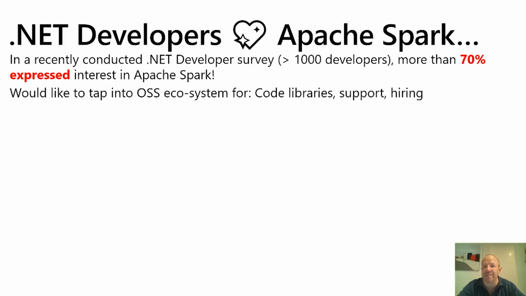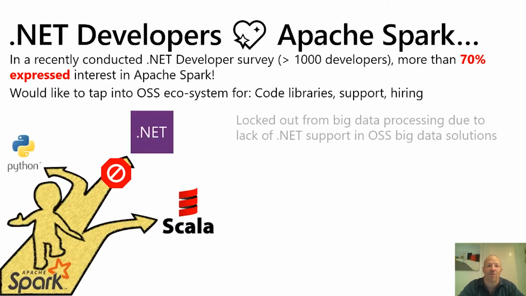The main reasons that they mentioned for being interested is that they want to do big data processing, they want to tap into the code libraries, the support, the ability to hire people that understand Spark. But if they look at the current situation, there is no path to use their .NET expertise. And that's because there is really no good .NET support for Spark at the moment out there.